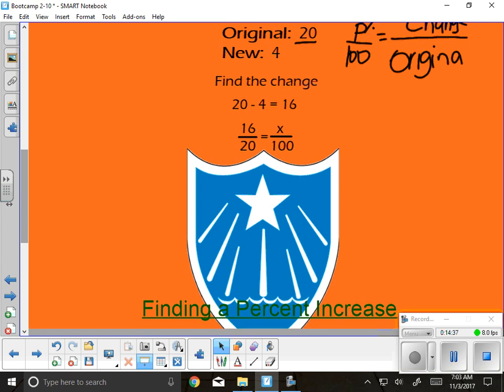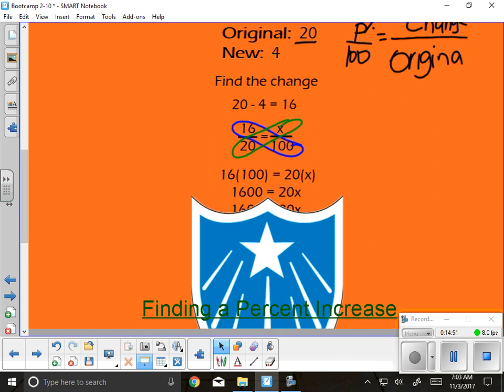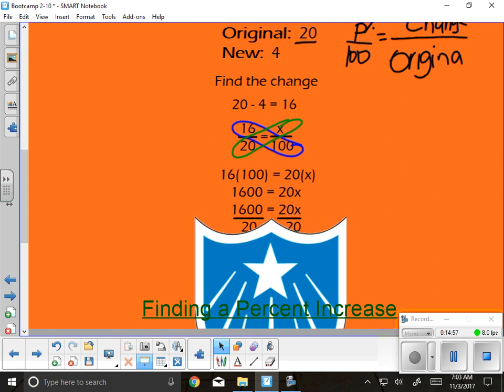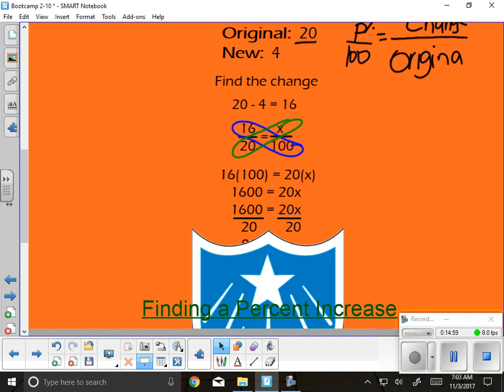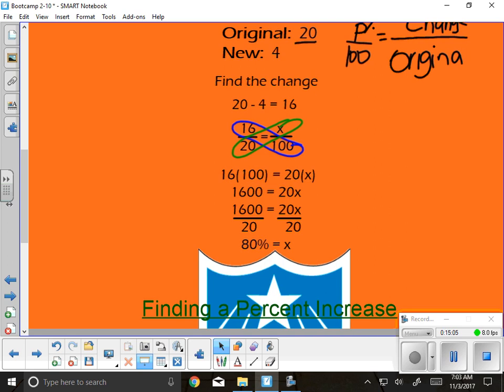To solve this, we cross multiply like we did in the first section: 100 times 16 and 20 times x. You get 1600 equals 20x. You want to get x alone, so divide both sides by 20, and x equals 80, or 80%.